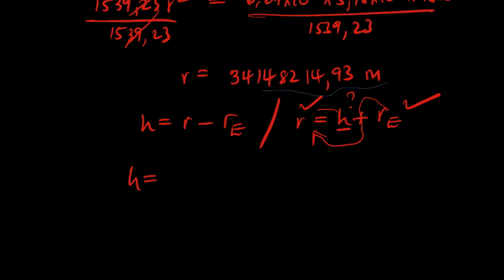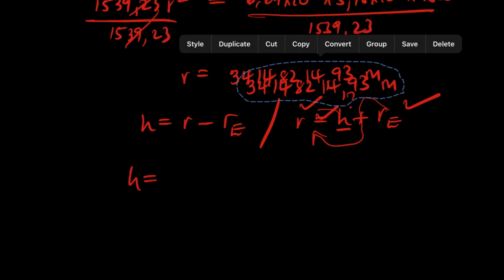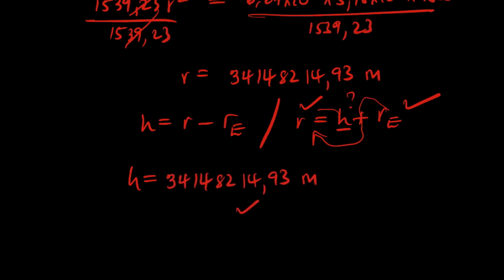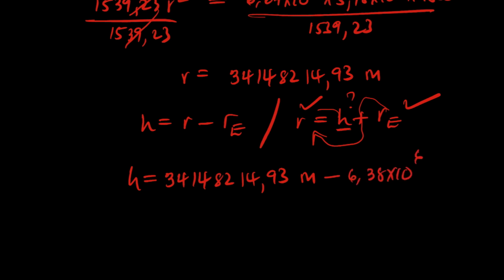So your height is going to be this value, which I'm not going to write again, I don't have energy to write it again, so I'm just going to duplicate it, put it here, and then erase that, which is R. You minus what? The radius, which is 6.38 times 10 to the power 6. So in the calculator, say minus 6.38 times 10 to the power 6, which gives the height.